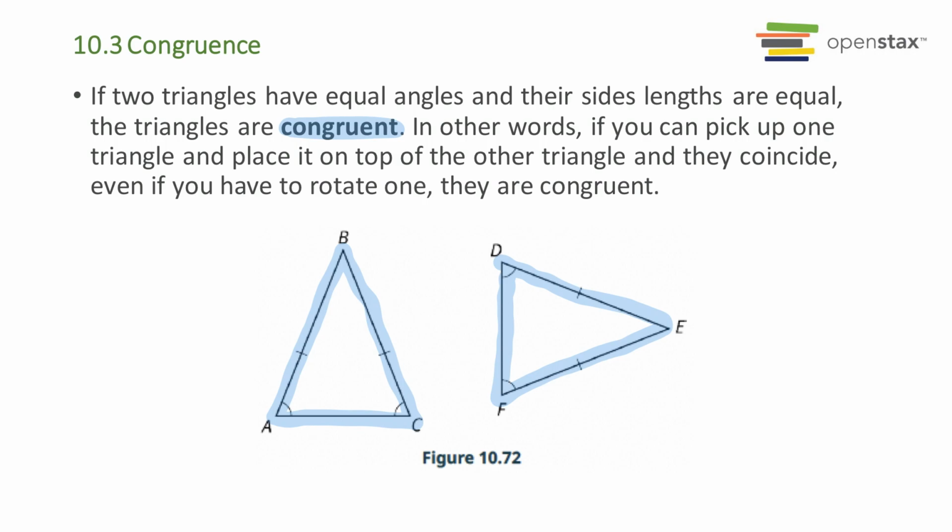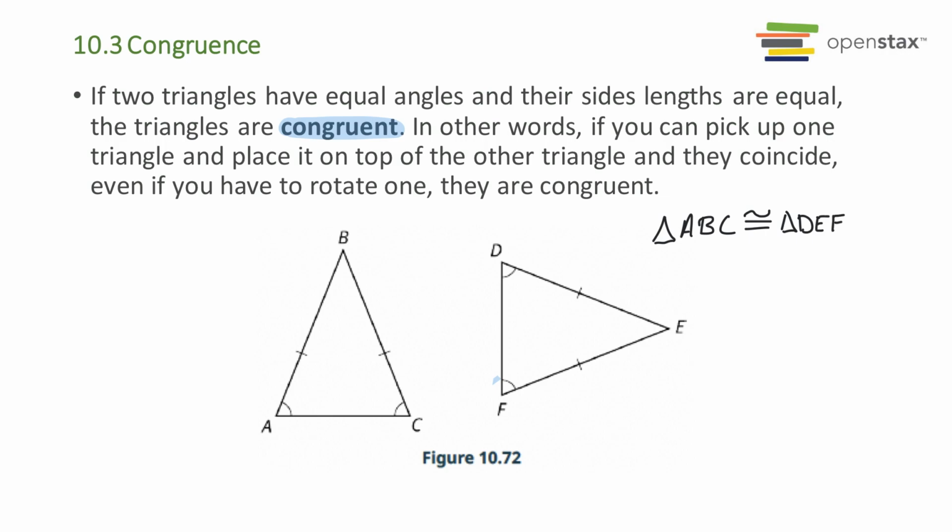And that's what we mean by them being congruent: they have the same shape and the same size. The way we write that is triangle ABC with an equal sign and a squiggly line over it, or a tilde, triangle DEF. So triangle ABC is congruent to triangle DEF. That's what we mean by congruent: they are the exact same shape and size.